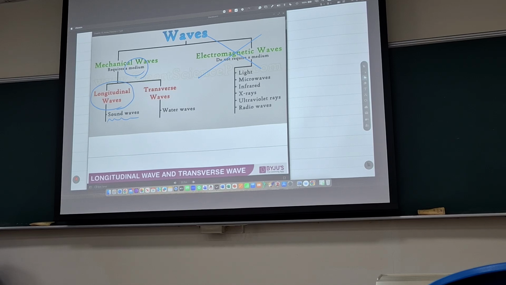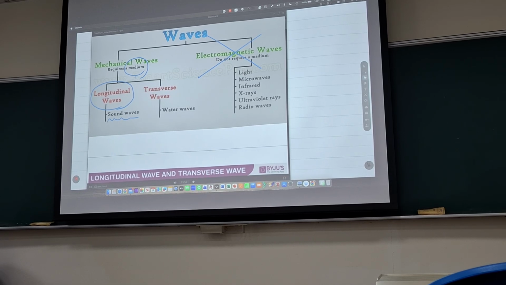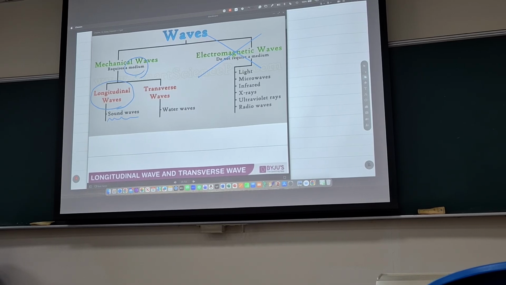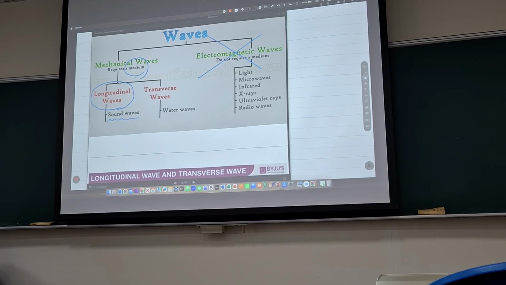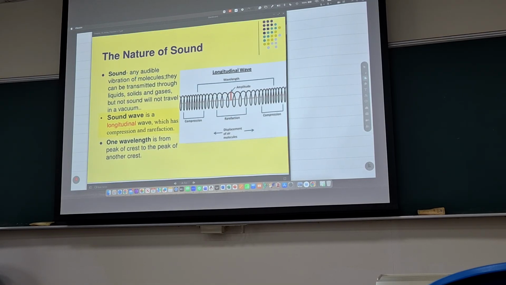So electromagnetic wave like light can transmit in vacuum. Vacuum means no air, no other mediums. So the difference between mechanical wave and electromagnetic wave is the medium. So without a medium, there is no sound. The sound cannot be transmitted.